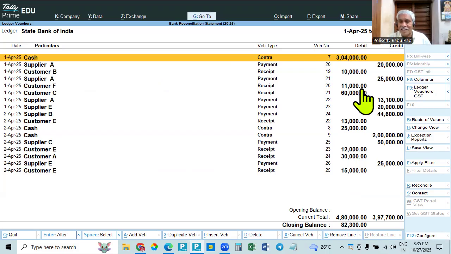If you deposited a check and it is collected immediately, there will be no difference. But you debit the deposits immediately, and they will not be credited in the bank till they are collected. That is why, till they are collected, the balances will be different. After collecting, when they make the entry, the difference will be cleared.